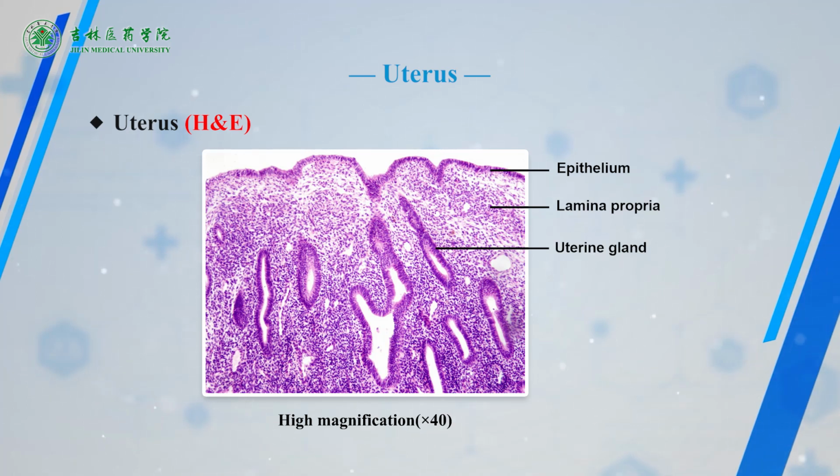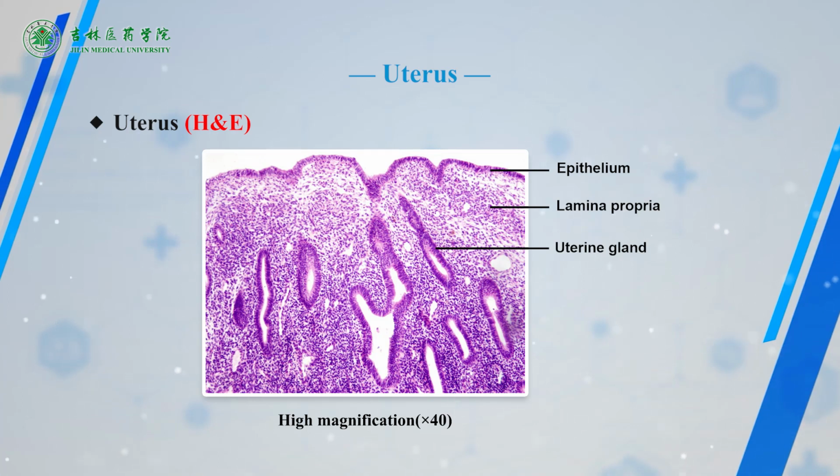The lamina propria can be divided into two distinct layers, functional layer and basal layer. The functional layer is thicker and near the luminal surface. It contains a large amount of connective tissue and a relatively small number of longitudinal section uterine glands.